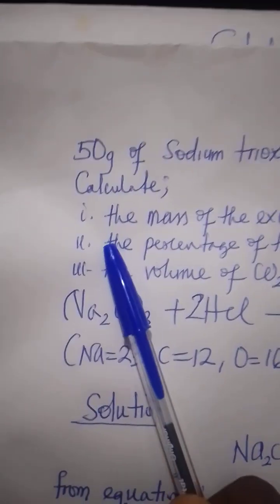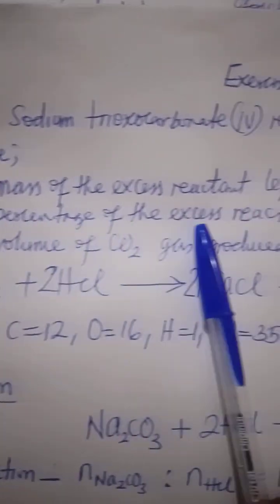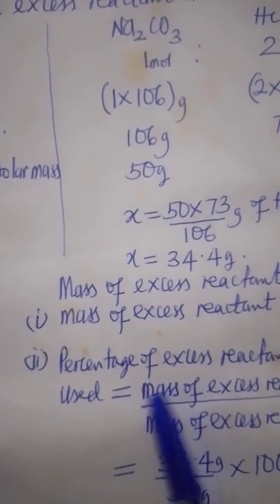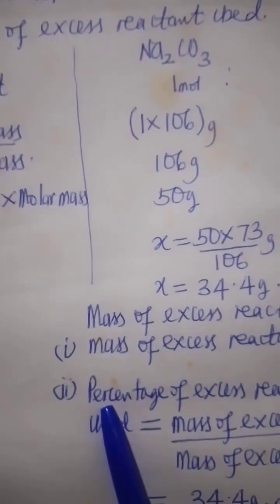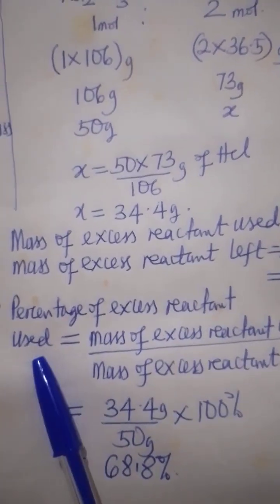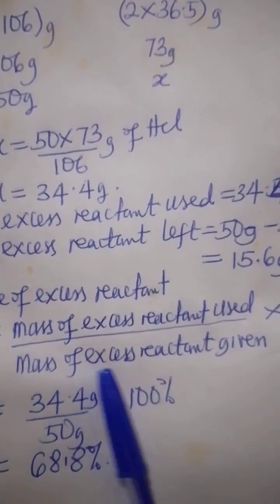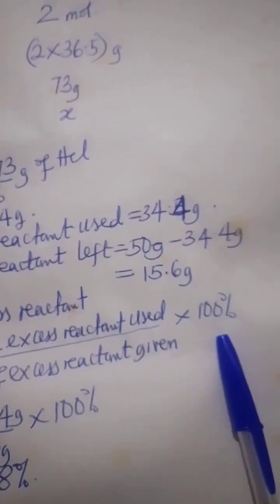So let's look at question number 2. Question number 2 says the percentage of the excess reactant used. The percentage of excess reactant used is the mass of excess reactant used over the mass of excess reactant given times 100%.